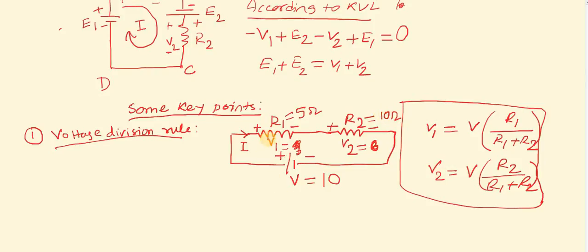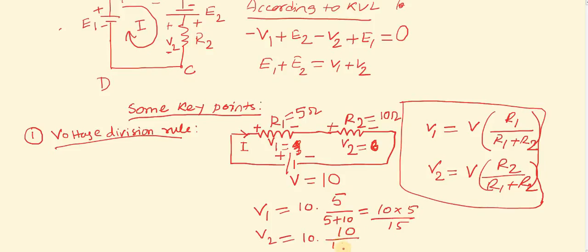So what will the voltage V1 be? V1 will be 10 into the value of R1, 5, divided by the sum of these two resistances, 5 plus 10, so 10 into 5 divided by 15. The voltage across the second resistance, V2, is 10 into 10 by 15.